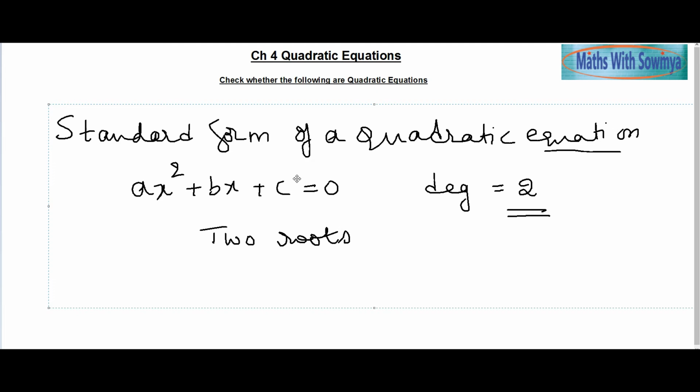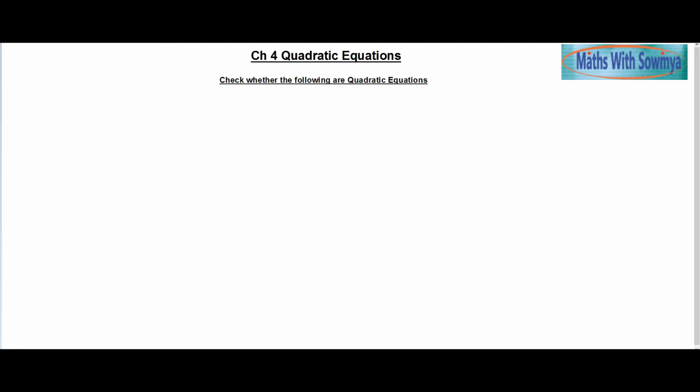Now let us check whether the following are quadratic or not, from NCERT exercise 4.1. Suppose I choose the first question, it says (x plus 1) whole square is equal to 2 into (x minus 3). You have to say whether it is a quadratic or not.